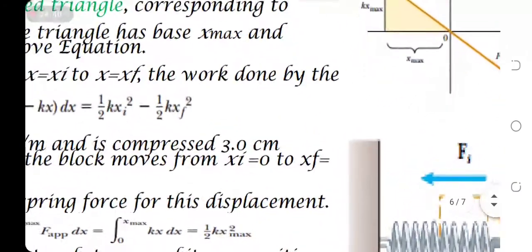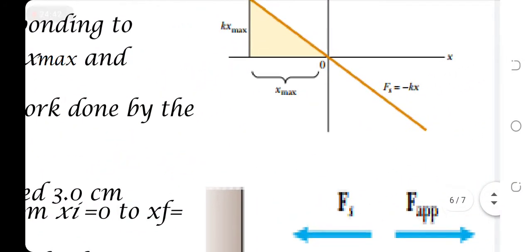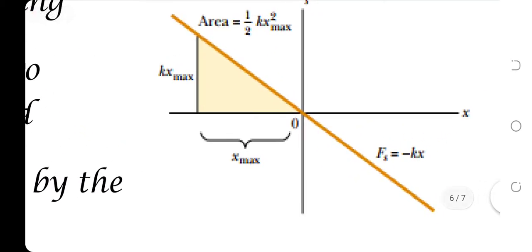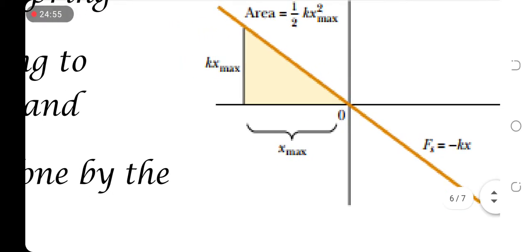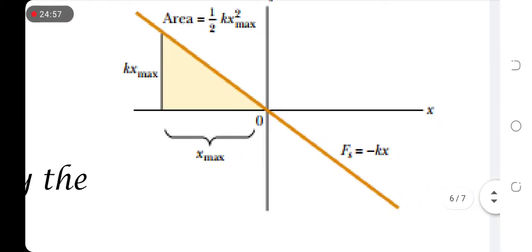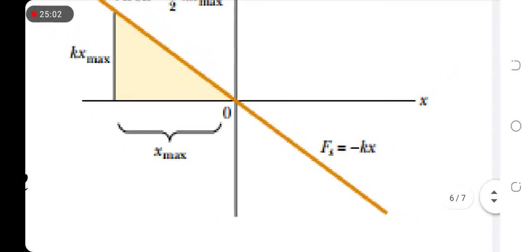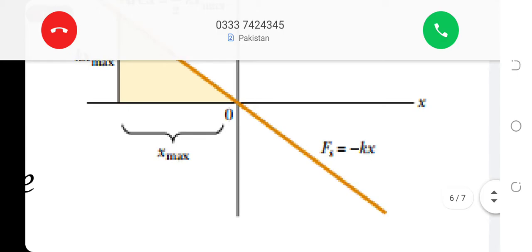See in the figure, if the body moves towards the right, x becomes positive, whereas Fs becomes negative. If the body moves from extreme right to 0, then x becomes negative and Fs positive.